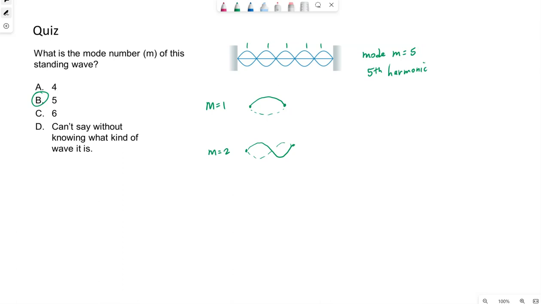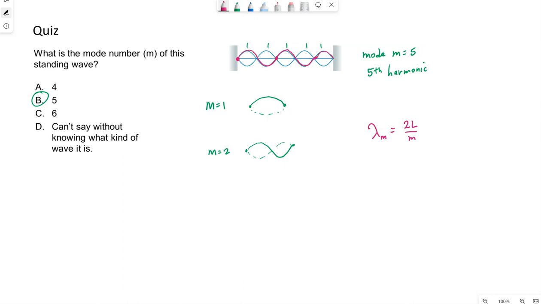The other thing we can do is use the generic equation that tells us that wavelength of the mth harmonic is 2L over m, and follow the wave pattern. If I start at the left and follow the wave, it doesn't matter which side I follow. If I go up, down, this is one wave. This is 2 waves.